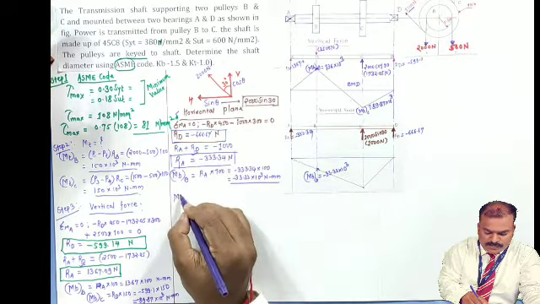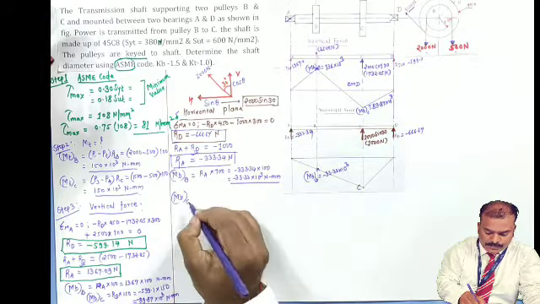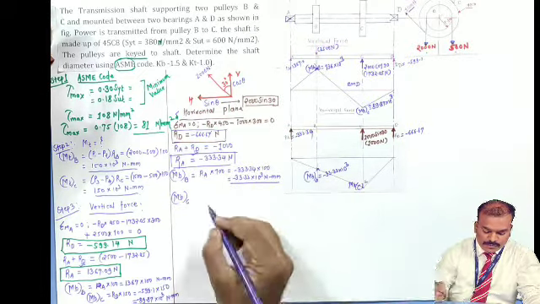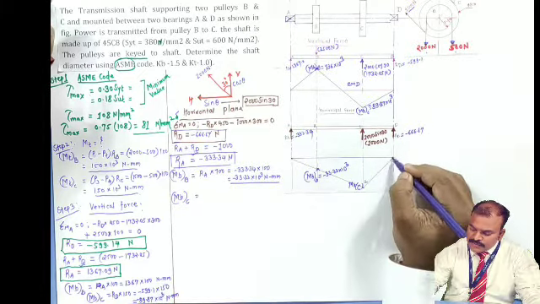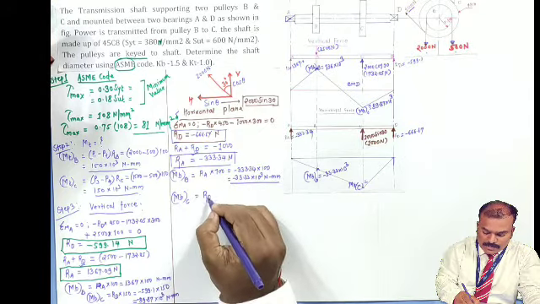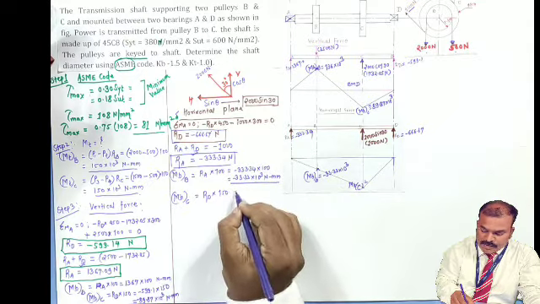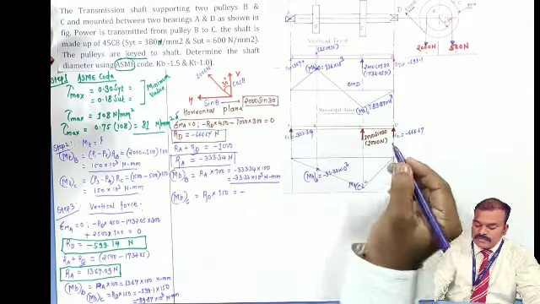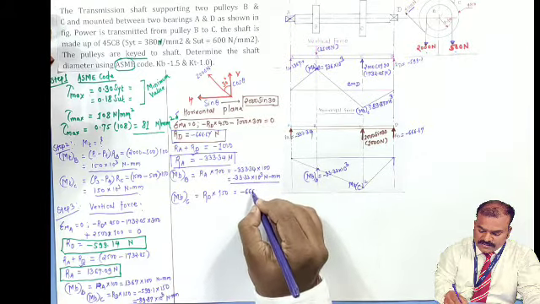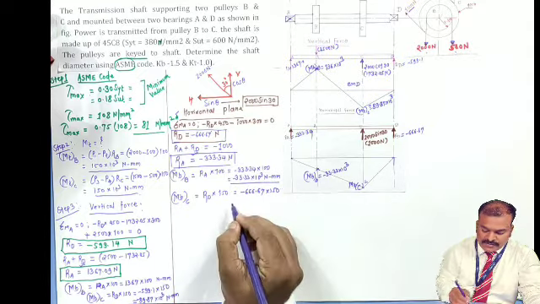Now bending moment at pulley C. So I'll write MB at pulley C, which is equal to how? So this will be the reaction force here, that is RD into how much distance? 150. It is again minus, so the sign is minus because of the negative sign. So after multiplying this is minus 666.67 into 150 distance.